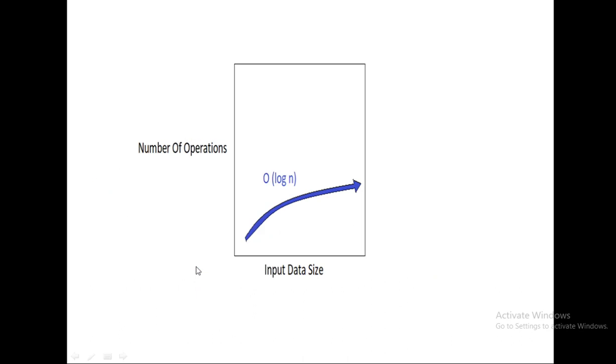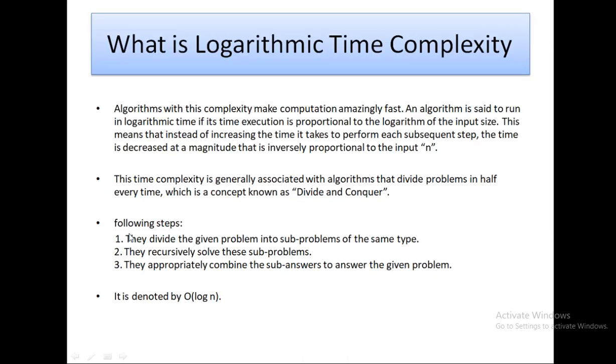I have mentioned the steps also. The first step is they divide the given problem into sub problems of the same type. The second step is they recursively solve these sub problems. The third step is they appropriately combine the sub answers to answer the given problem.